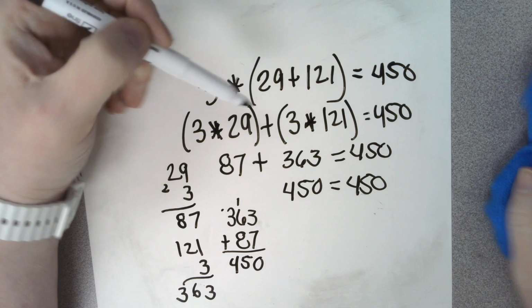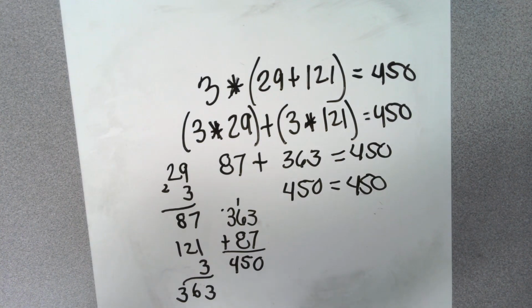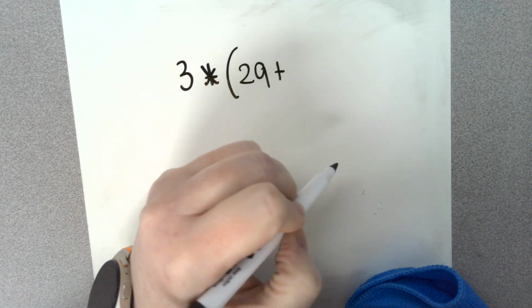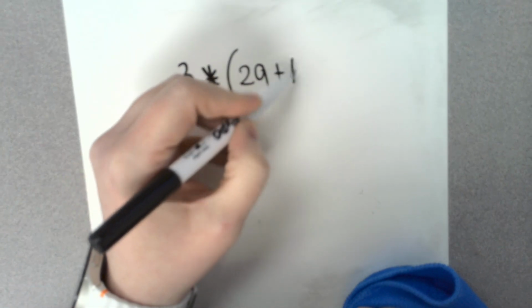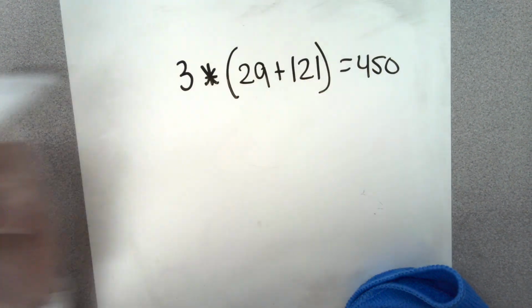So that's what distribution means. So that's the first way you do it. And you write it like this. Okay? The other way you can do it and write it, and it's just the same. This is just whatever you prefer. You've got 3 times 29 plus 121 equals 450. And we're still distributing.